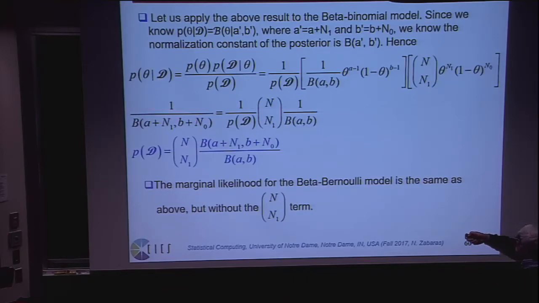These theta terms will disappear. So basically this is from the normalization of the posterior. This is 1 over the marginal likelihood. This is from the likelihood. This is from the prior. And this is the ratio that we discussed before. So for a beta binomial problem, the marginal likelihood is ready to go if you want to do model selection.